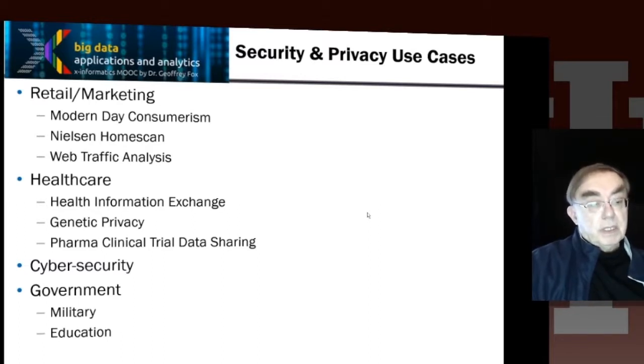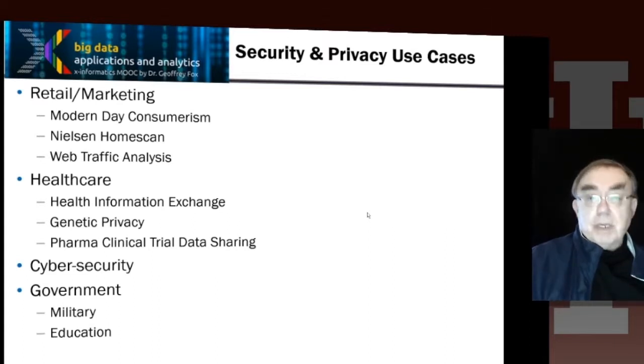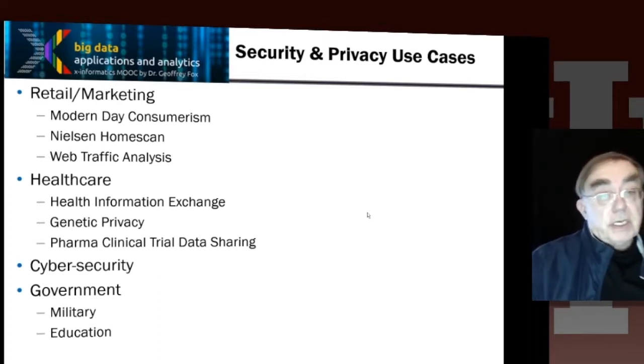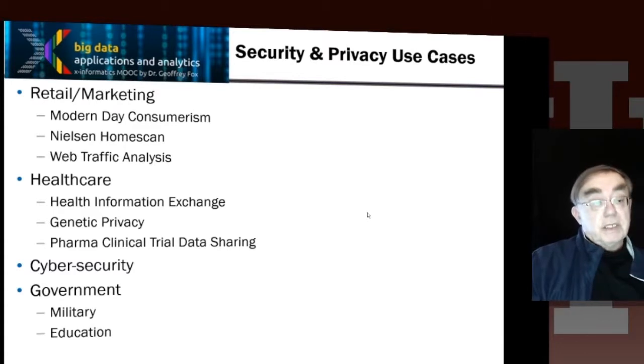Cybersecurity is a generic term to describe the security of network systems, and it's of growing importance. Another use case is the government, with military especially critical. And I must admit I'm not quite certain what the education use case is, except obviously universities are very nervous about keeping information secure, because they have a lot of students they're responsible for.